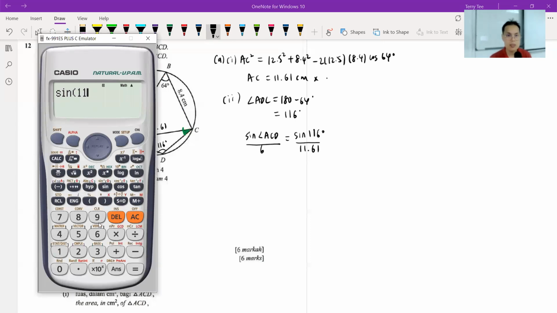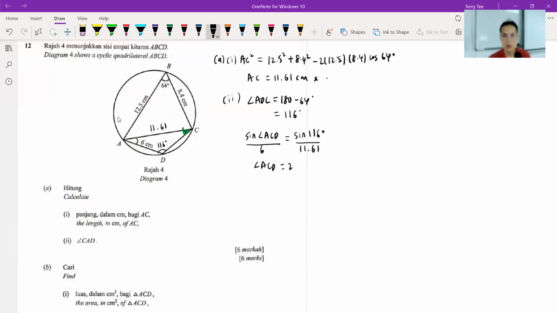Okay, use your calculator. Sine 116 divide by 11.61, multiply by 6. Whatever I get, shift sine, answer equals 27.68. Yeah, angle ACD is 27.68. Once you know this angle, I can now find angle CAD.